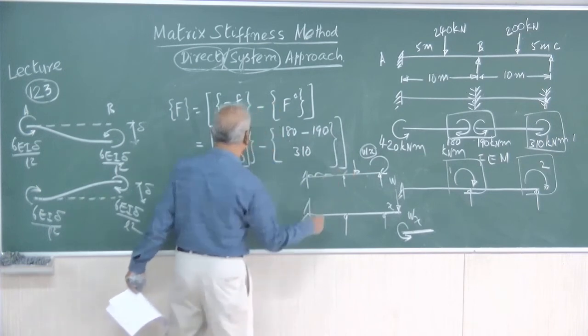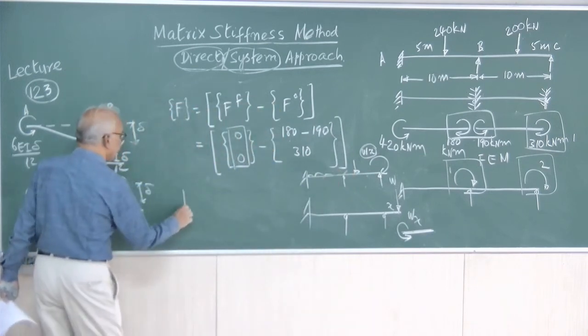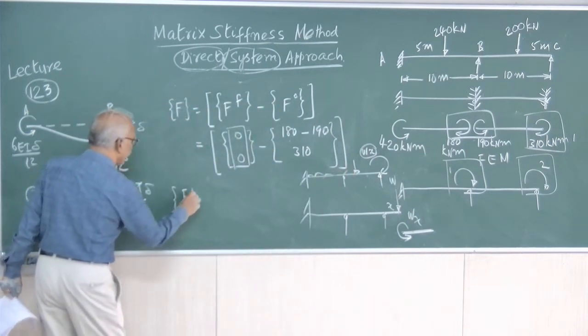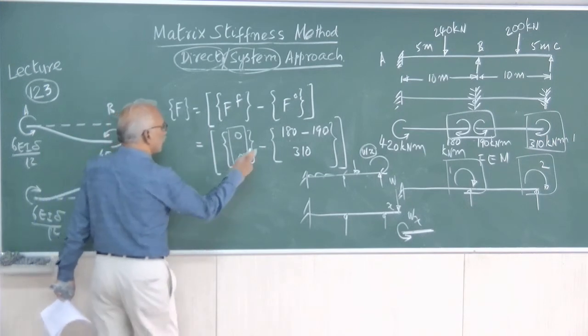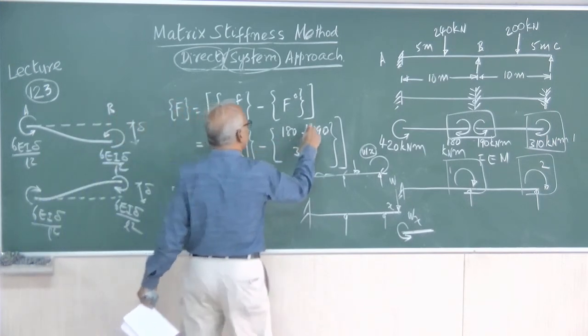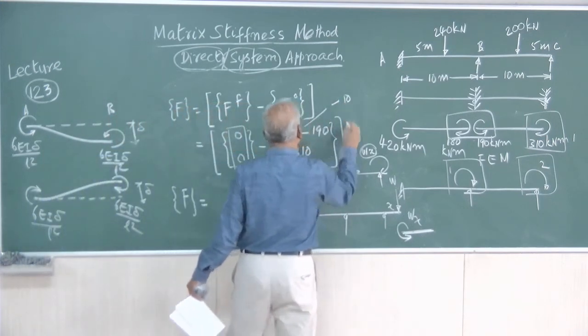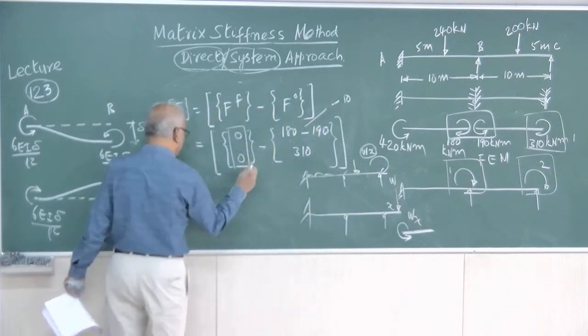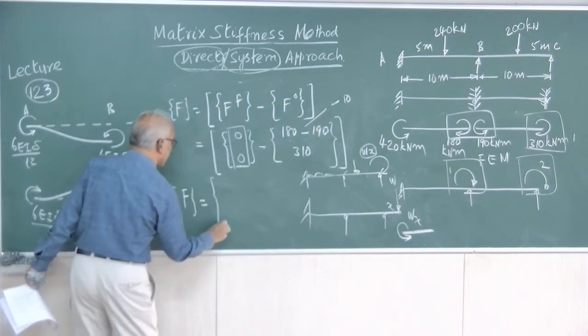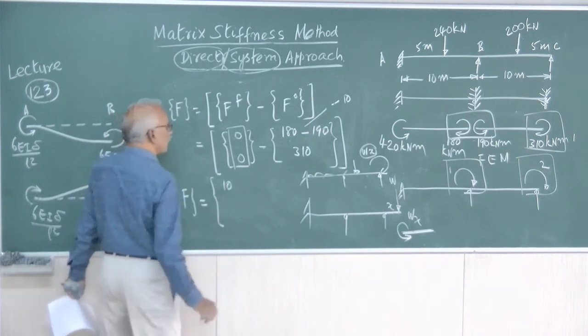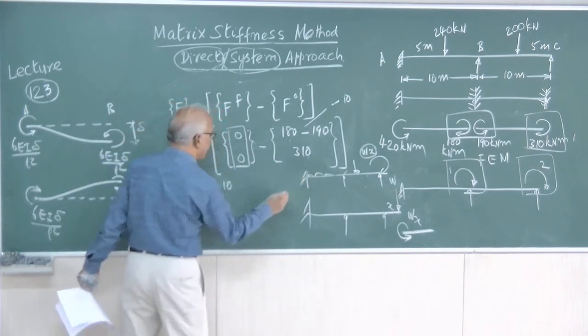So this completes the calculation of the right hand side. The right hand side will be equal to this minus 10, so minus into minus will become plus 10. Therefore, the right hand side here is plus 10, and here it is minus 310.